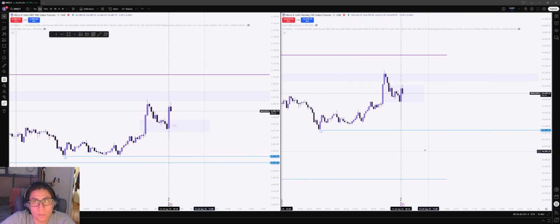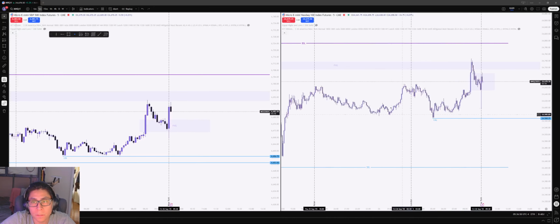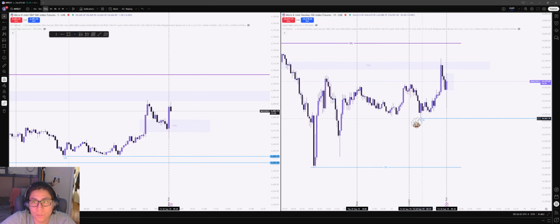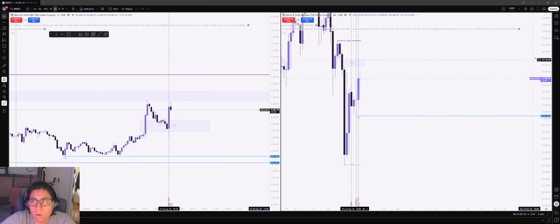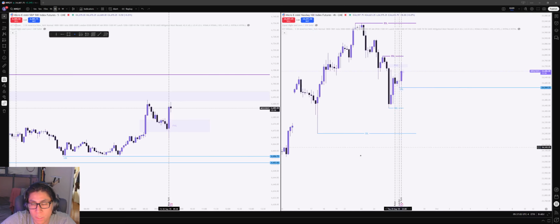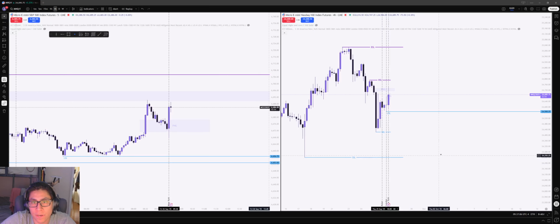I want to say we're more on sells, honestly. Especially with this liquidity sitting here, here, down here, these lows here as well. And with the overall model seeming to indicate that we want to be bearish towards this low right here.